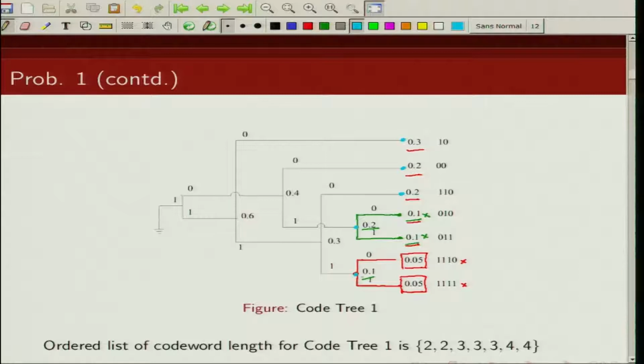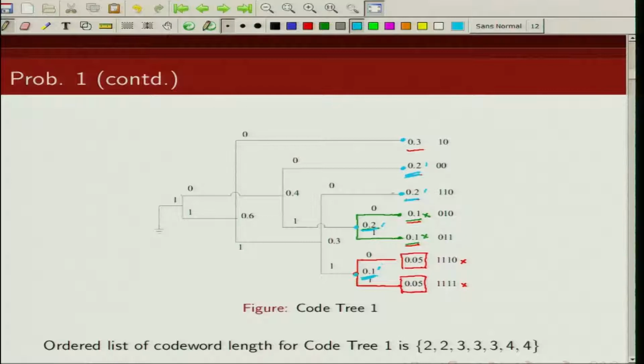Now I have one node with probability 0.1, and the others are 0.2, 0.2 and 0.2. So I could combine this 0.1 with any of the 0.2 nodes. There are 3 nodes with probability 0.2, so I could combine this node which has probability 0.1 with any of these 3 nodes.